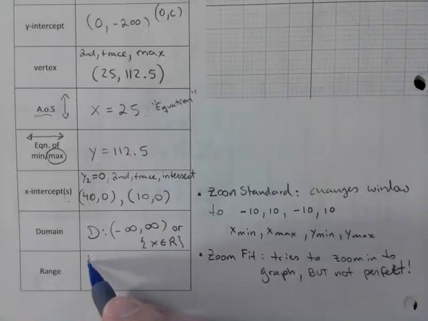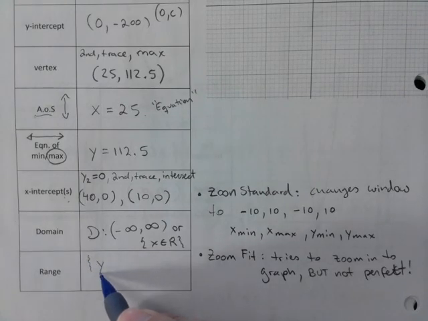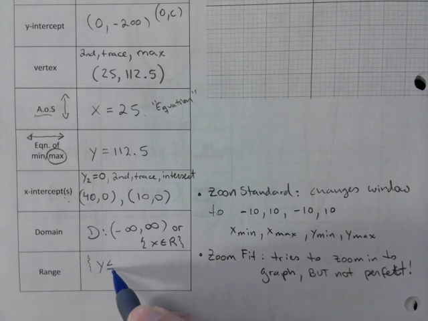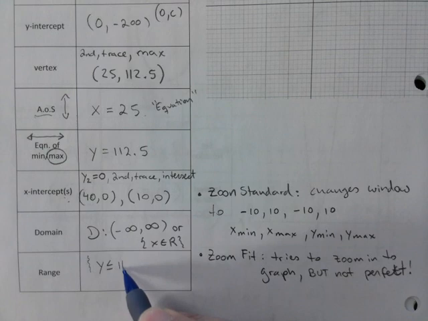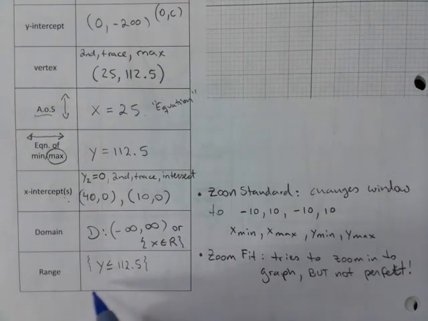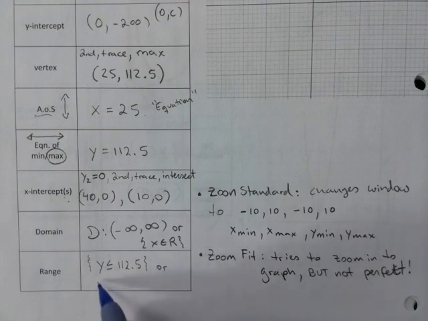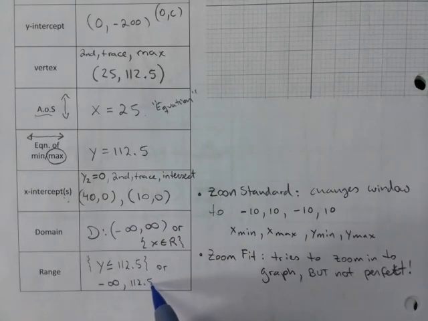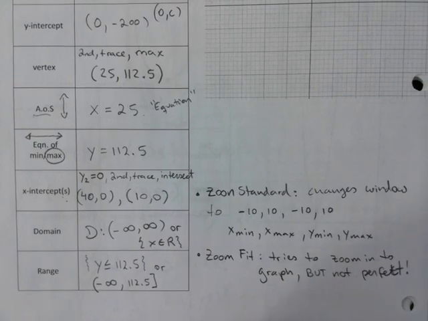When it comes to set notation, it's pointing down. So it'd be y is less than or equal to the y value of the vertex, which in this case is 112.5. Or you could say this goes as low as negative infinity all the way up to 112.5. Square bracket, round bracket.